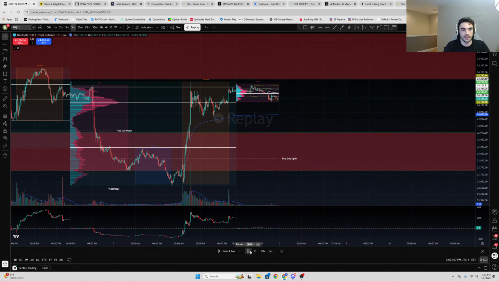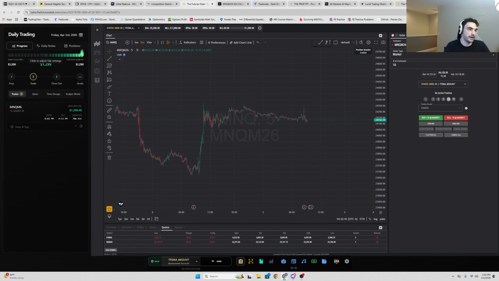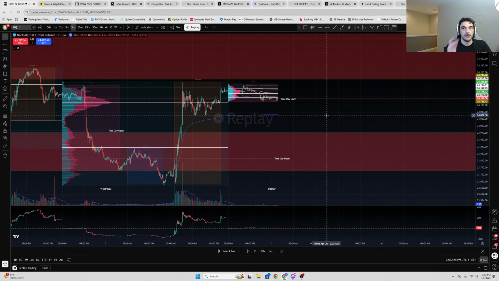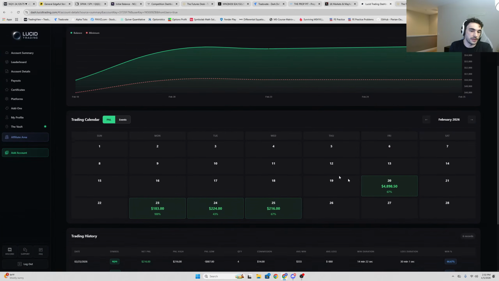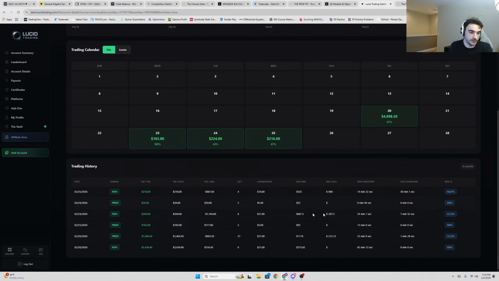You don't necessarily even have to use crazy size, but this has a $1,200 DLL. So I'm able to, if I get a buffer coming into the day, and I know I'm going to have a big, how many points stop loss? Probably like 20. So this day, what was this?